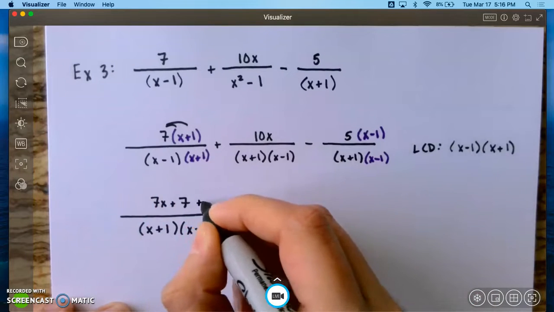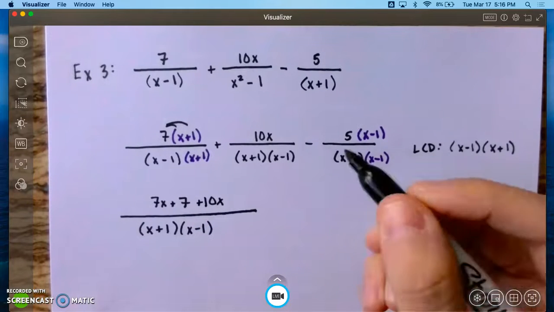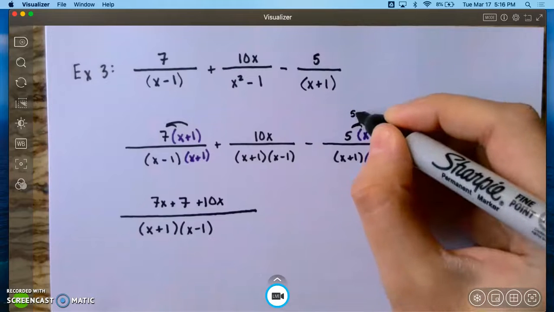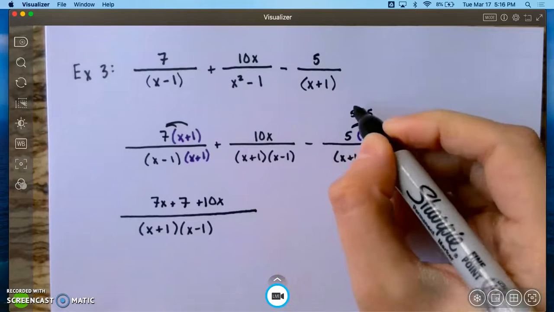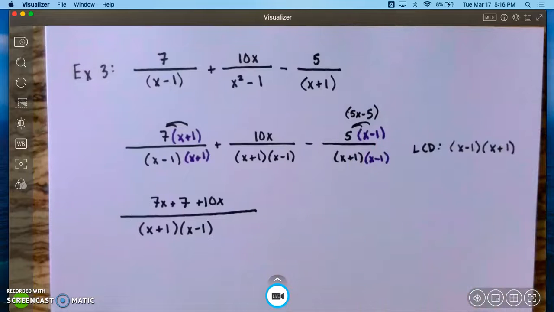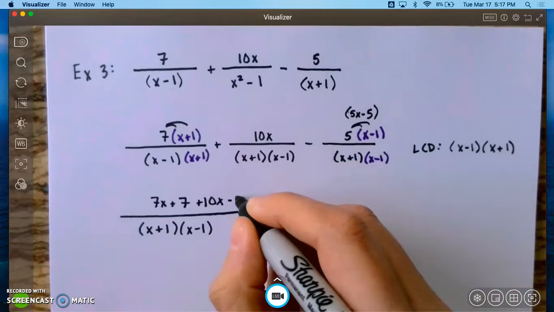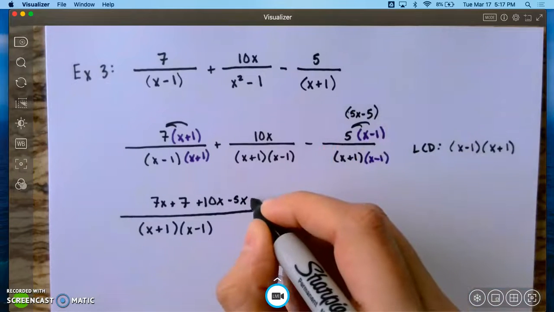I have a plus 10x. Alright, now this is similar to the previous example that we just did. I'm going to distribute this, so I get a 5x minus 5, but I also have to distribute this negative into that simplified expression. So I'm actually going to have a negative 5x and a positive 5.